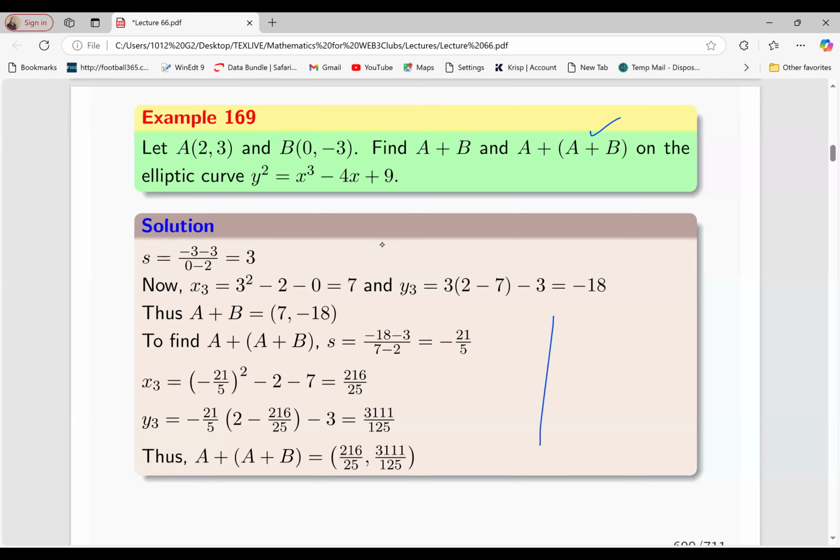Our gradient, so let's call this point 2 and this point 1. Our gradient is y2 minus y1 over x2 minus x1. What is that? Y2 is -3, and y1 is 3.